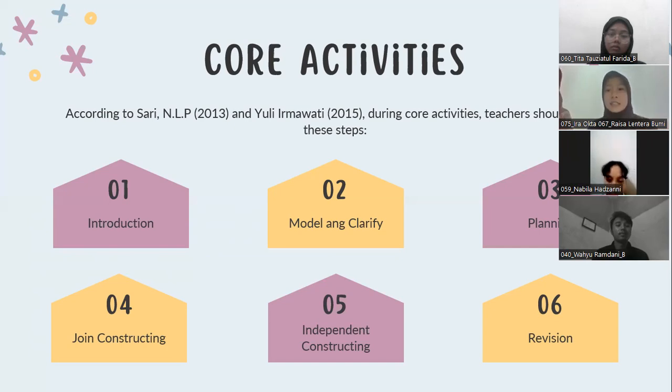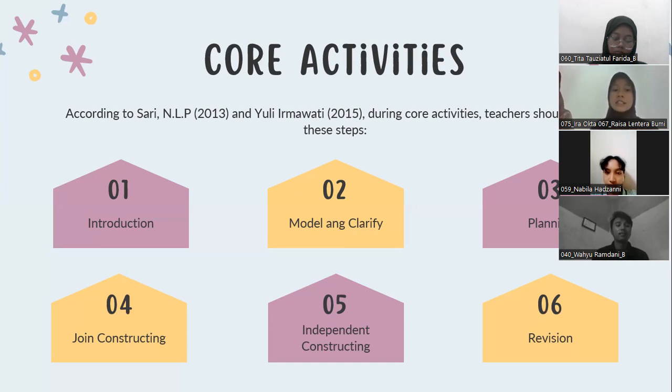And the next is modeling and clarify. In this step, the teacher introduces a model of the genre and lets the students consider the social purpose of the text and who the audience will be. First, the teacher provides an example of the modeling text on the LCD screen or blackboard.